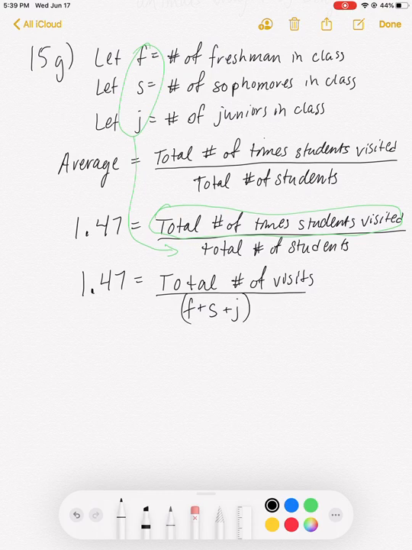So I need to get the total number of visits by itself. In order to do that, I need to multiply both sides by F plus S plus J to get the numerator by itself here.